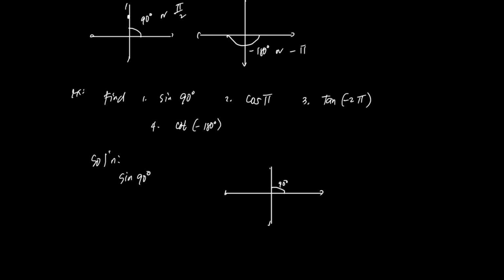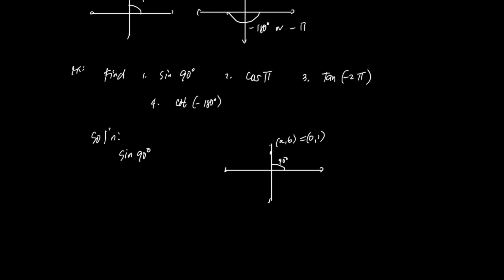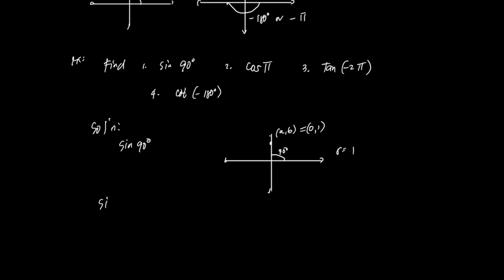So this is 90 degrees. And take note that our point (a, b) there is (0, 1). Okay? And again, remember that r is always 1. And that's a positive number. And now the sine 90 degrees, which is b over r. Take note, guys, sine is b over r, as we have defined in a previous lesson.